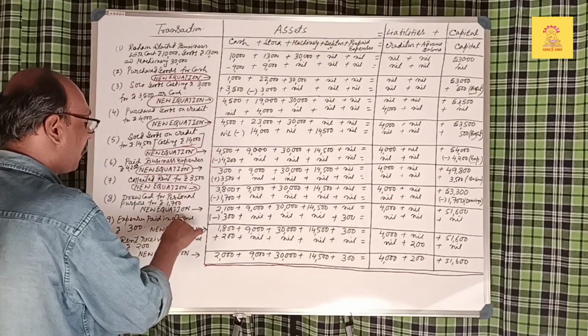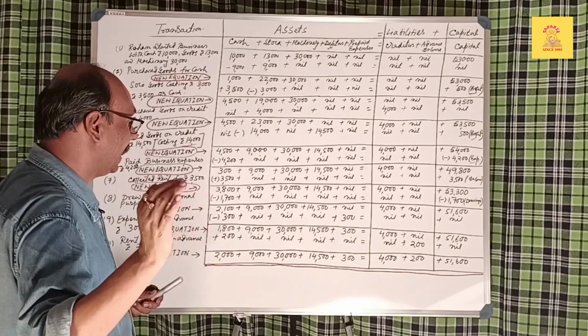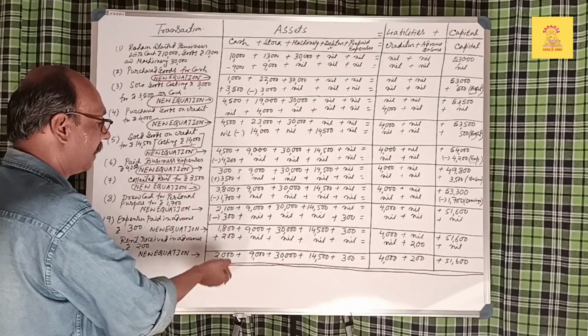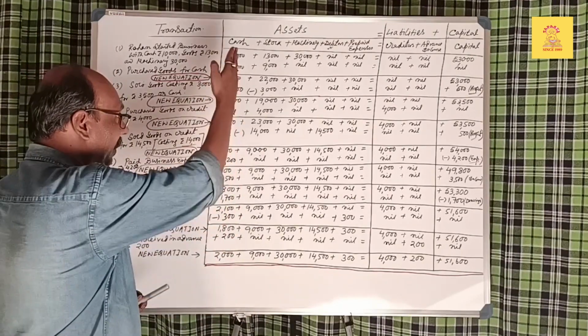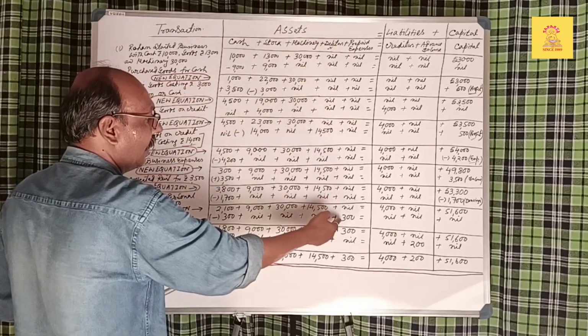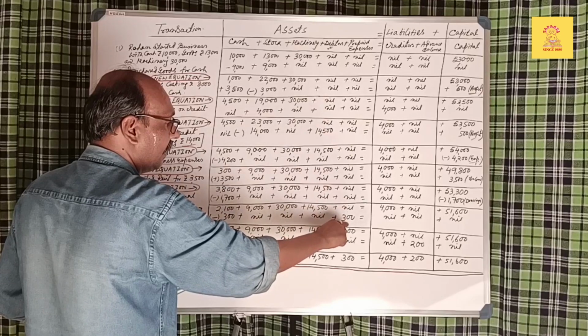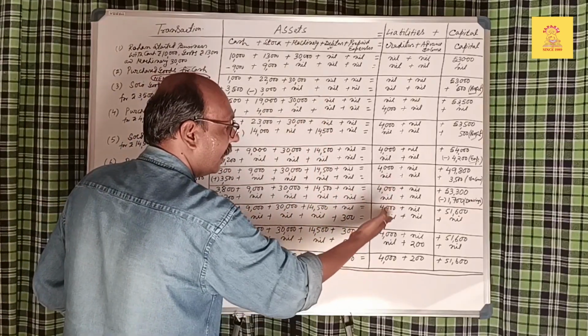Now expenses paid in advance for rupees 300. Anything prepaid, as I said, is an asset. Expenses paid in advance are subtracted from your cash as usual. Other things remain the same, nil, and prepaid expenses will increase. It is an asset, so it will increase by 300. But there is no change in liability, here it is nil.